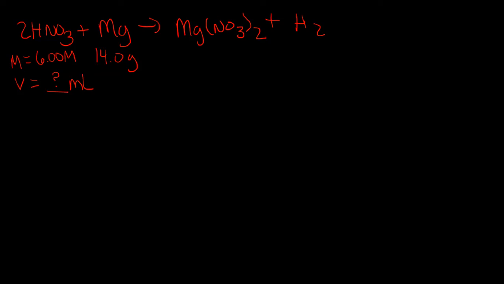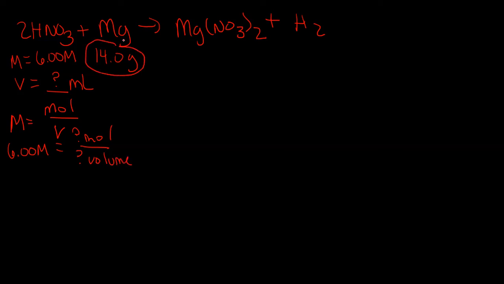Remember, this is really just stoichiometry. We're trying to go from a known into an unknown. If we tried to go straight into volume with the nitric acid, we couldn't, because the only thing we know for nitric acid is its molarity. We do not know moles, and we do not know volume. However, since we know the grams of magnesium, we can convert that to moles of nitric acid.